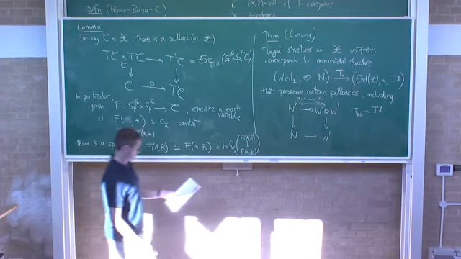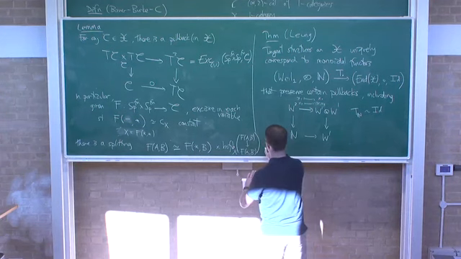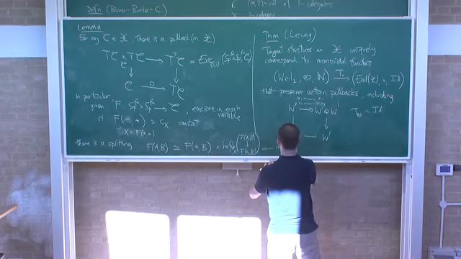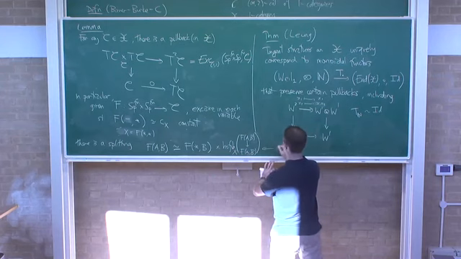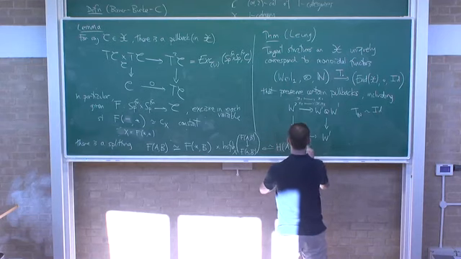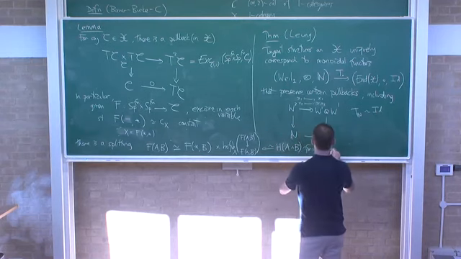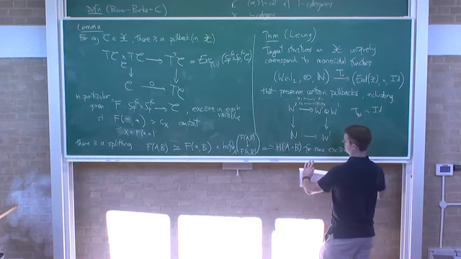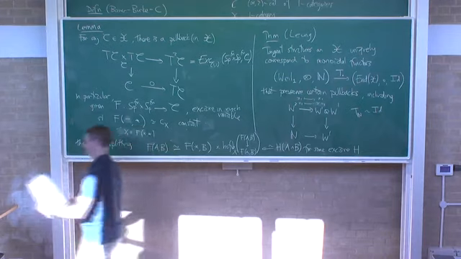And there's a little more: this bit is multilinear, and hence this is equivalent to h of a smash b for some h.